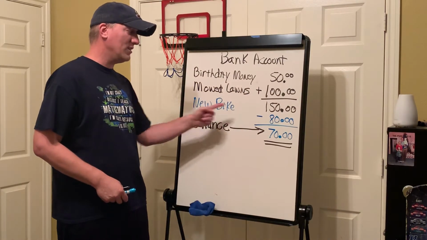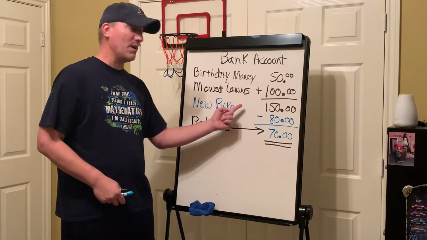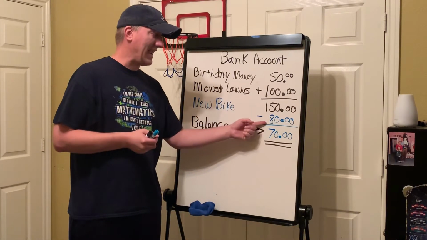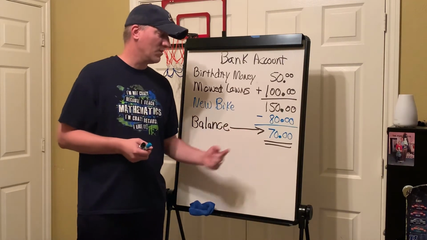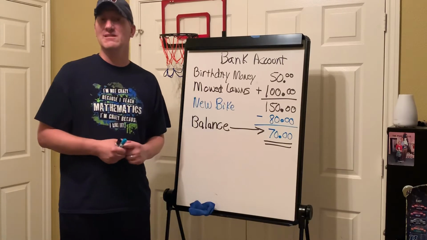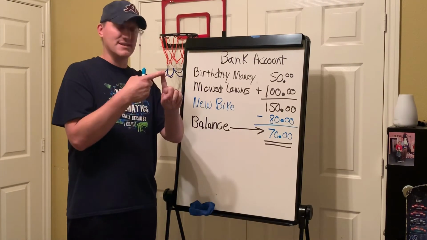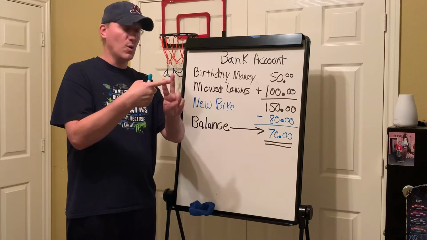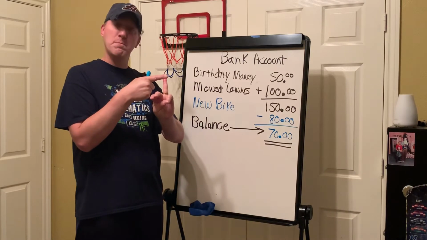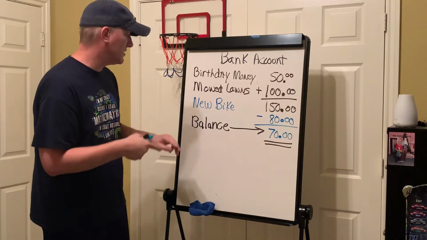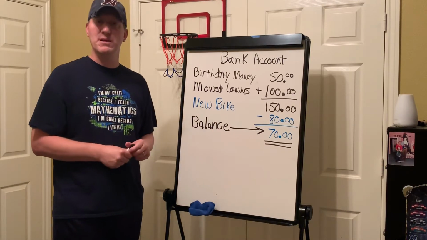Then I bought a new bike, so I subtracted and I withdrew $80, and then my balance was $70. Okay, so we learned 3 new words. It's deposit, withdrawal, and balance. Okay, those are the 3 new words we learned, and I'm going to put these up here so you can check them out.